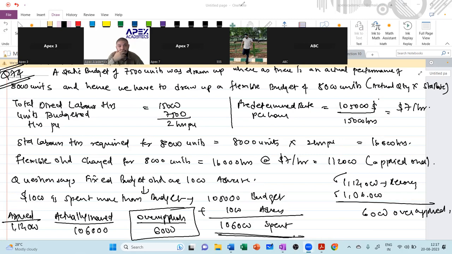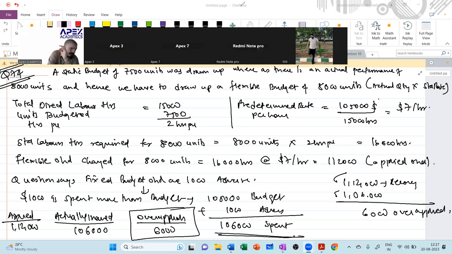But if you do that, you will never arrive upon the standard hour rate per unit. Don't you need to know what is the standard rate for making 1 unit? No, sir, I was just asking that shortcut method. This is the shortcut.